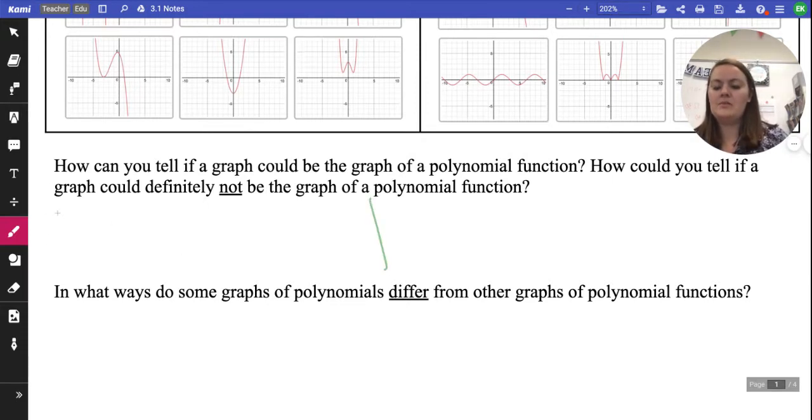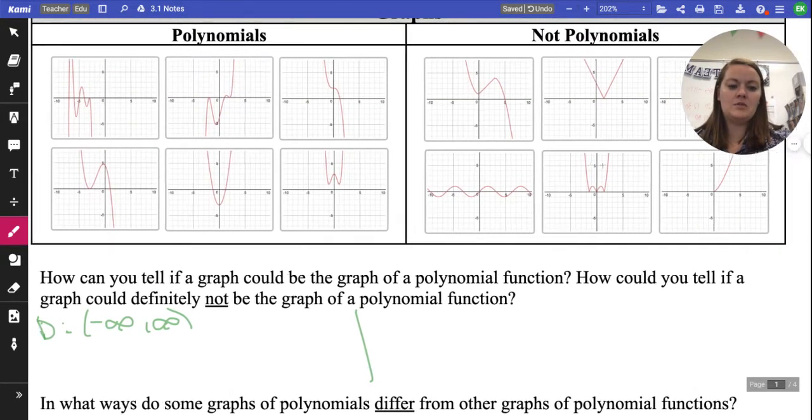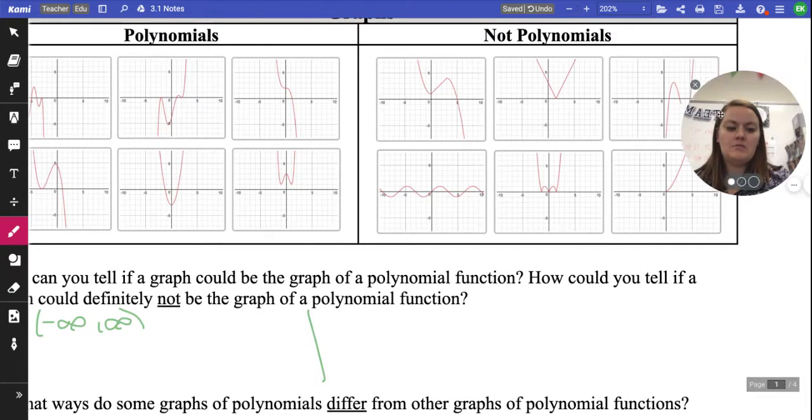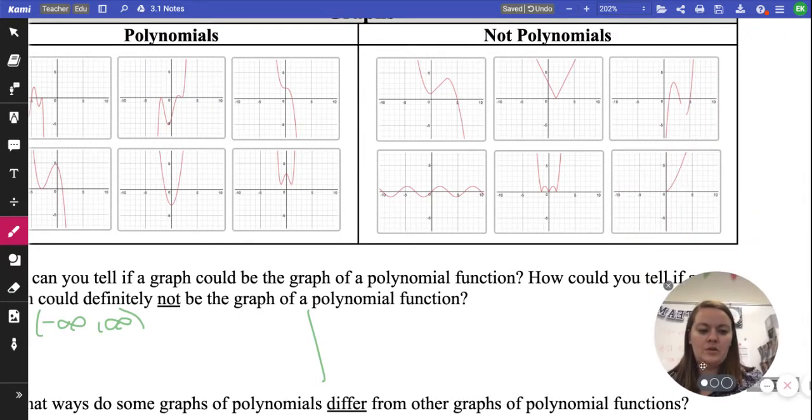Let's see, polynomials: the domain for all polynomials is always negative infinity to infinity. These ones over here don't have the same domain. Like this one, we only have domain from 0 to infinity.